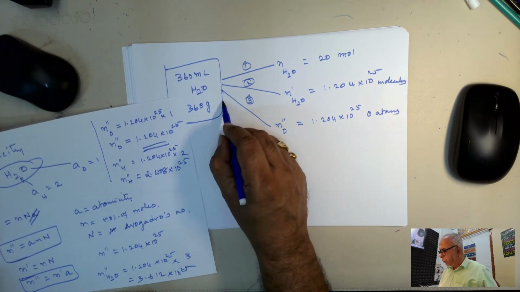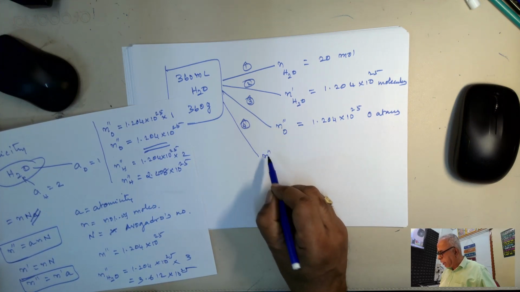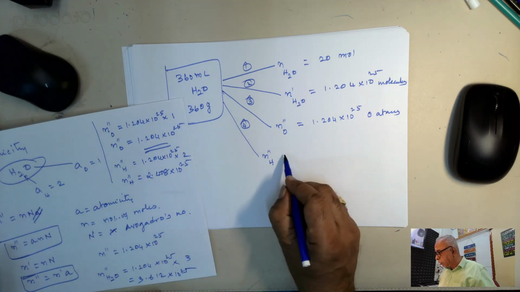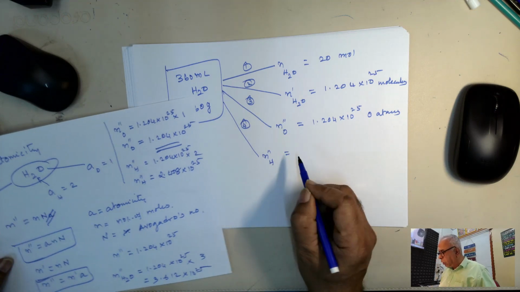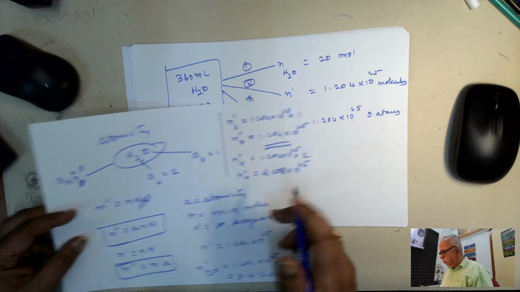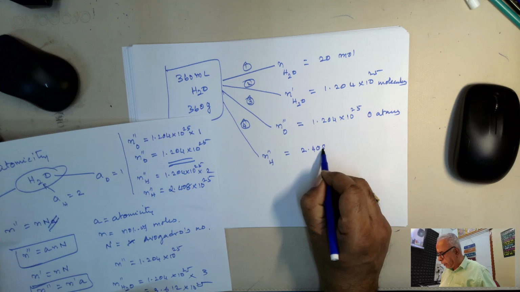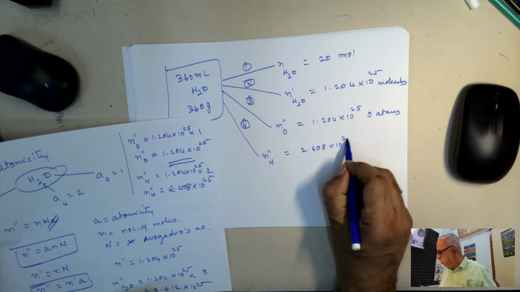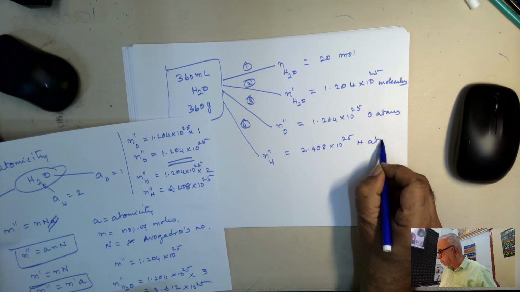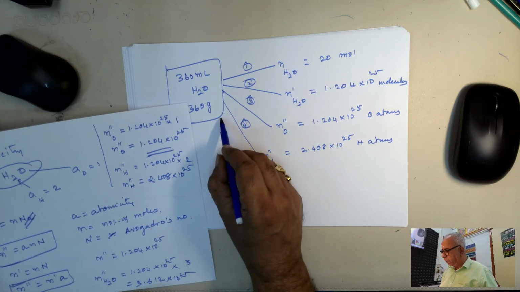Okay. Then fourth, that is N double dash of hydrogen. So how many hydrogens are present? 2 hydrogen in each molecule. So in that case, you have to multiply by 2. That is 2.408 into 10 power 25 hydrogen atoms. Got it? Right?